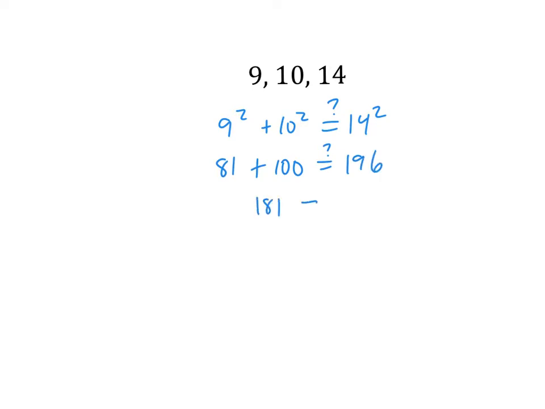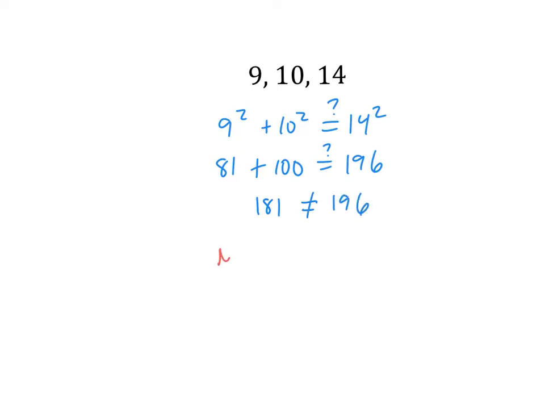All right, let's look at one more example. Here we have 9, 10, and 14. We would take 9 squared plus 10 squared to see, does that equal 14 squared? Well, 9 squared is 81, plus 10 squared, which is 100. Does that equal 14 squared, which is 196? Well, 81 plus 100 is 181, definitely not equal to 196.